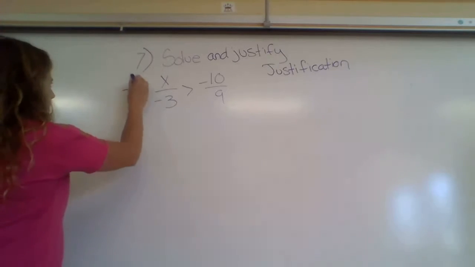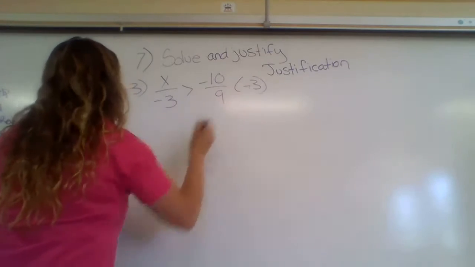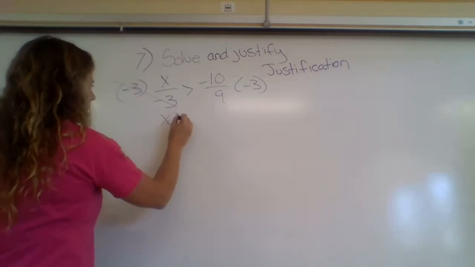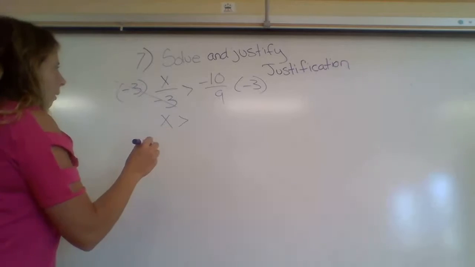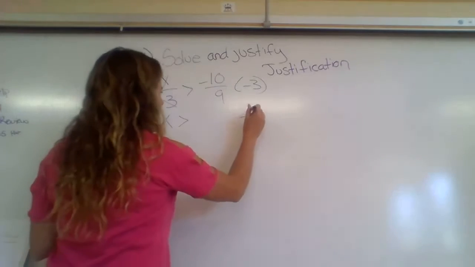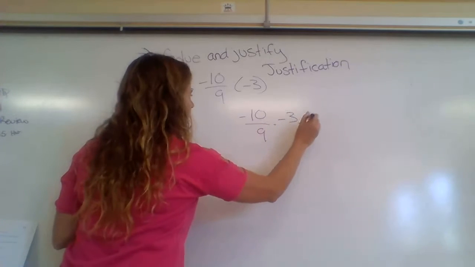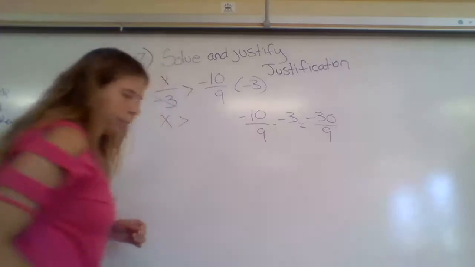So I'm going to multiply both sides by negative 3. Your negative 3's cancel over here, so you're just left with x is greater than negative 10 over 9 times negative 3. It's going to be negative 30 over 9.